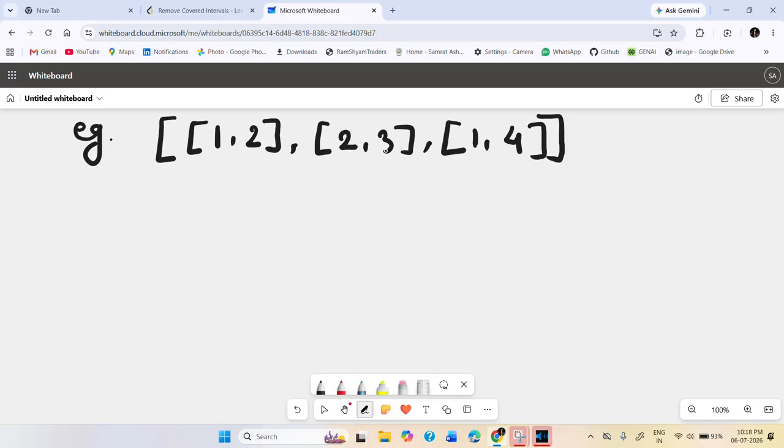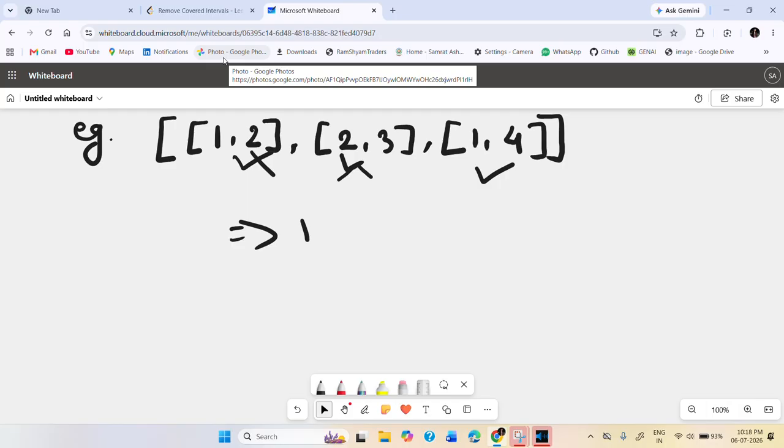You can see that the first interval is covered by the third interval, so we can directly remove it and not consider it in the answer. The second one is also covered by the third one, so we can remove it too. So the answer is 1. Only one interval covers all the other intervals.